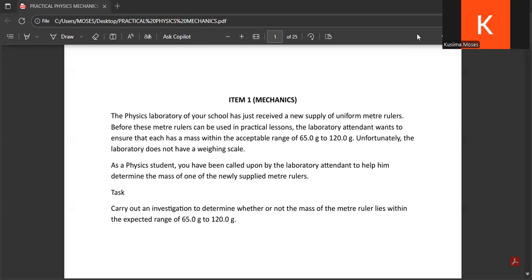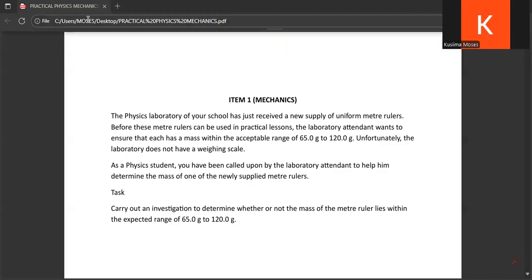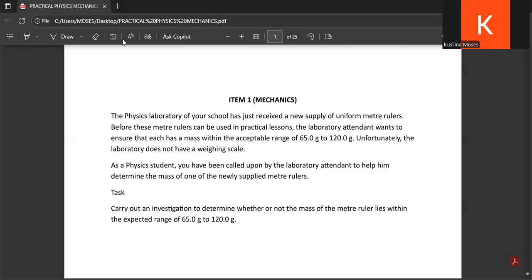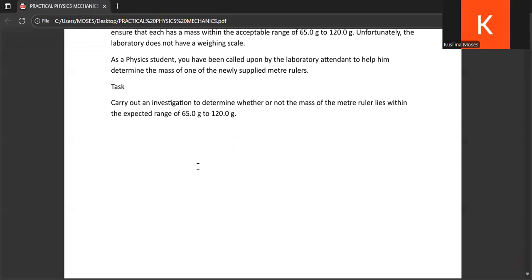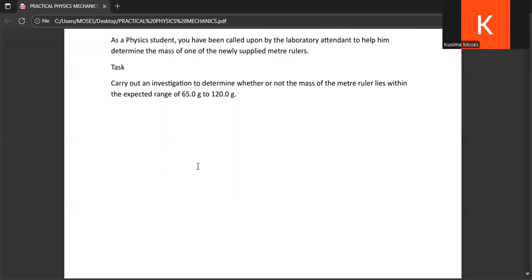By looking at this question, it is coming from the topic of principle of moments. So you need to first know the background of the task. The background is principle of moments.